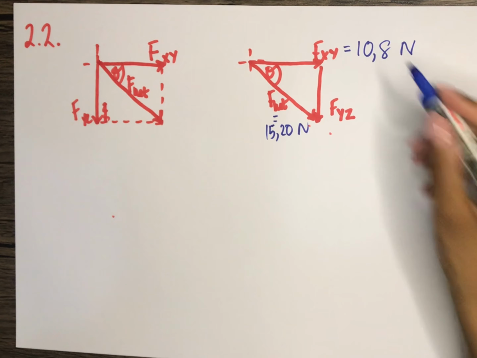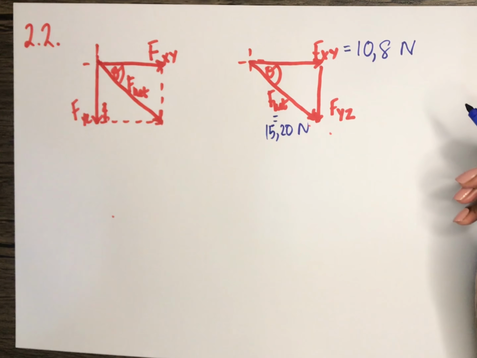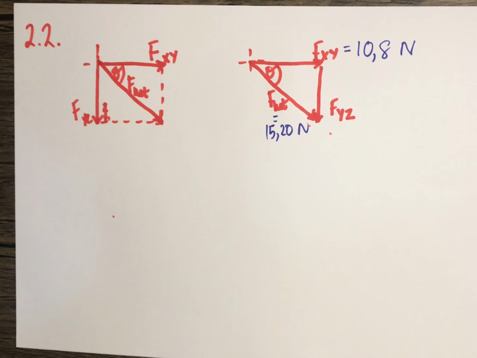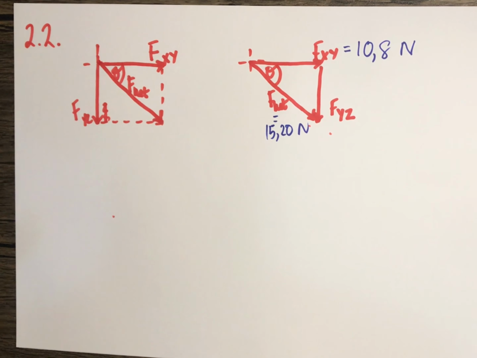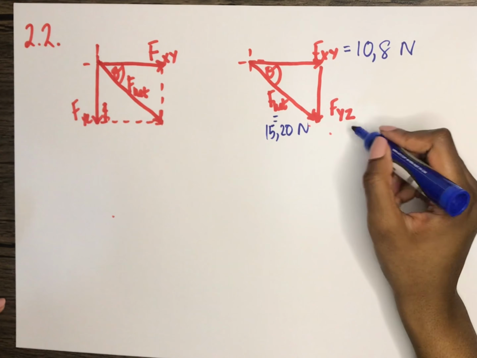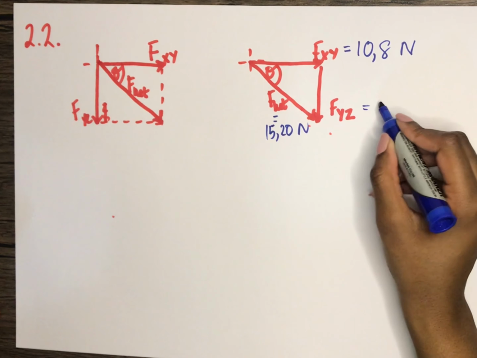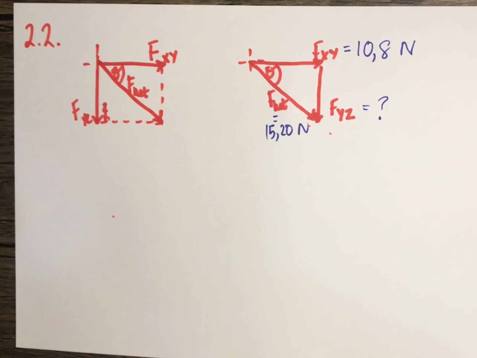So that 10.8 we had calculated as experienced by X is also experienced by Y. So that's where I get the 10.8 newtons from. So now from here, the only thing that is unknown is this one. There's a couple of ways in which you can approach the question. I'm going to choose to approach it using just the trig ratios.